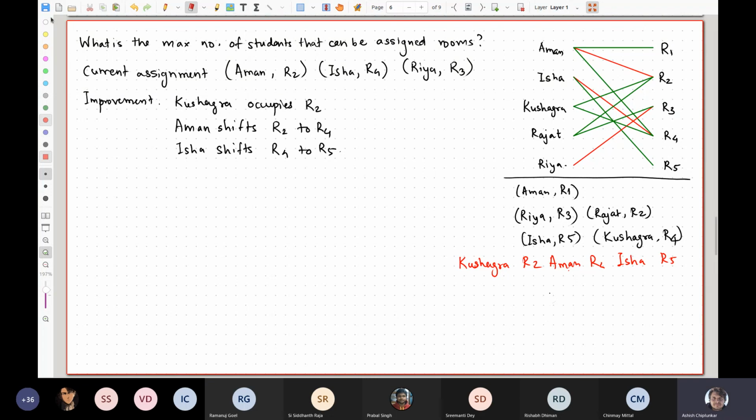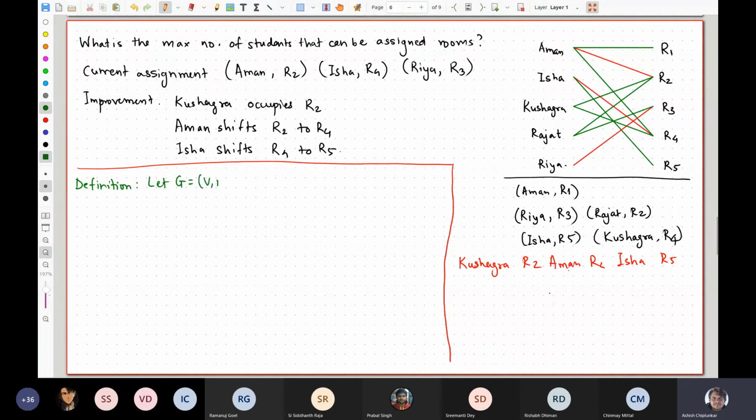Okay, so definition. Let G = (V, E) be a graph, not necessarily a bipartite graph.